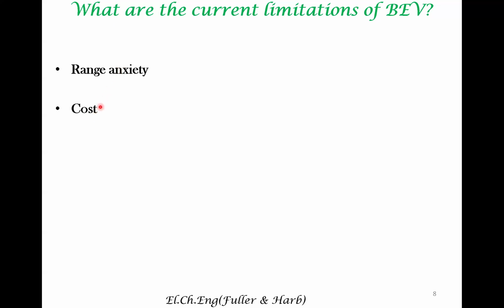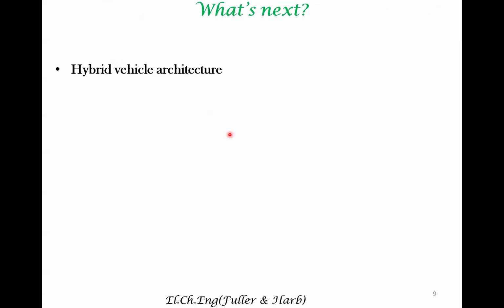If these two issues are met with different kinds of chemistry that are being explored, then battery vehicles will become more prevalent. So in the next lecture, we will look at hybrid vehicle architecture. That's going to be taken up as the next topic.